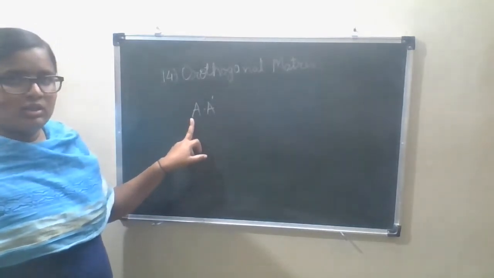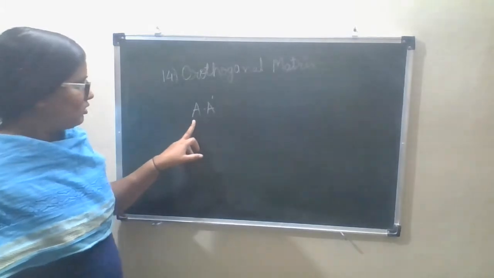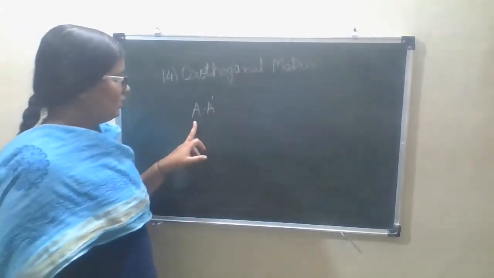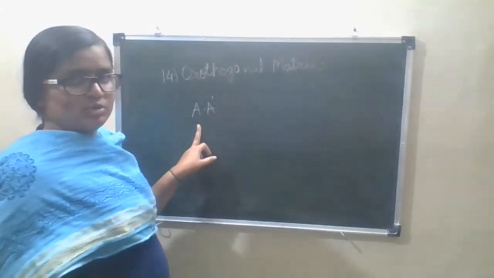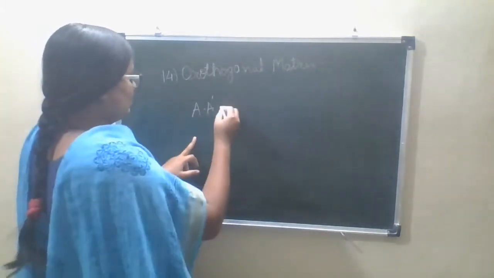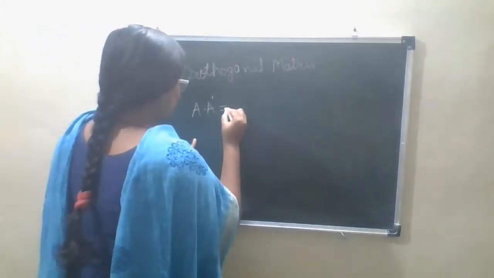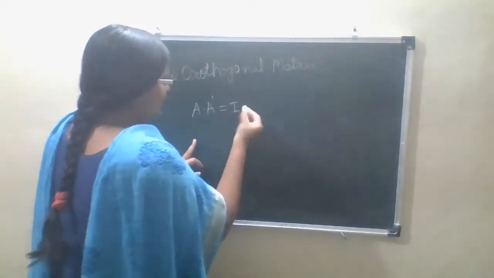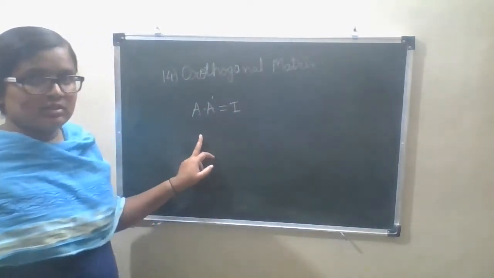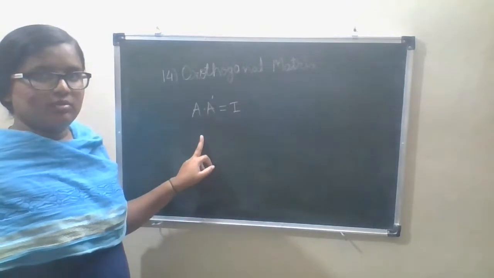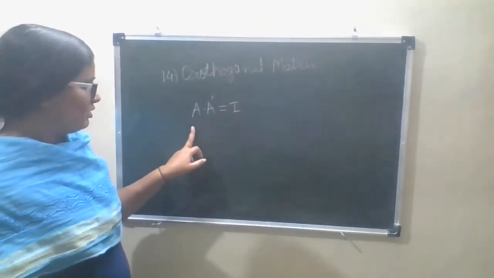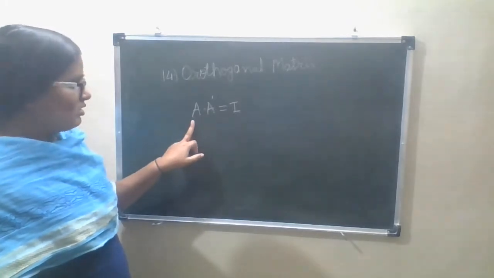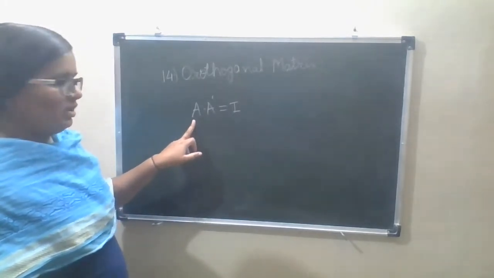Got it? Then the product of this should be equal to the identity matrix.